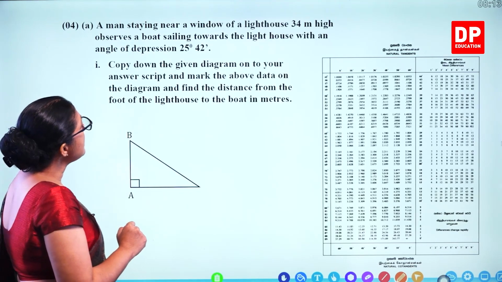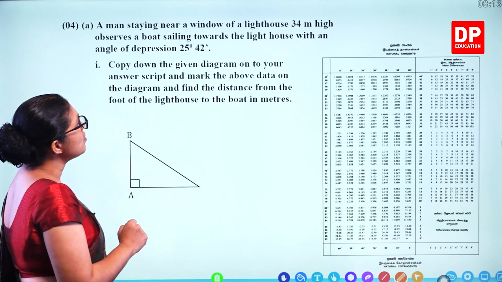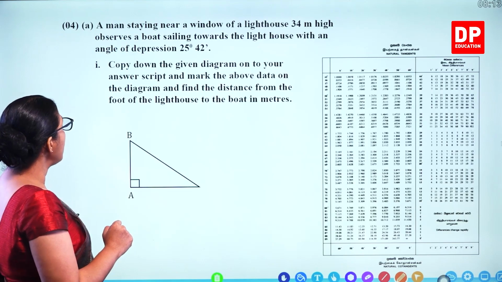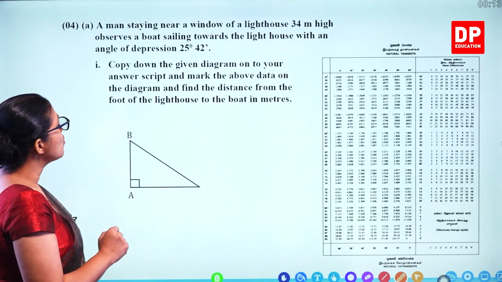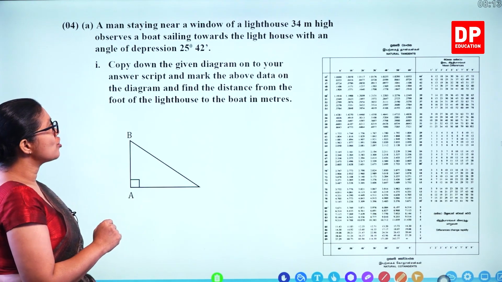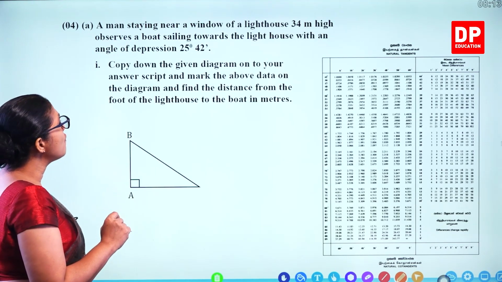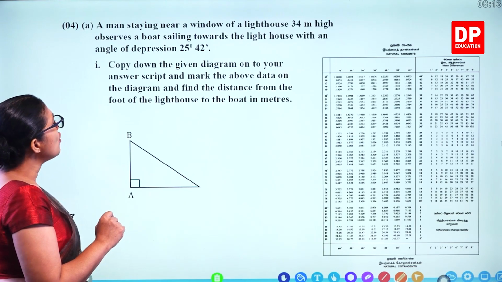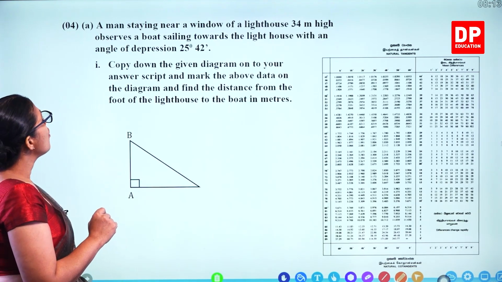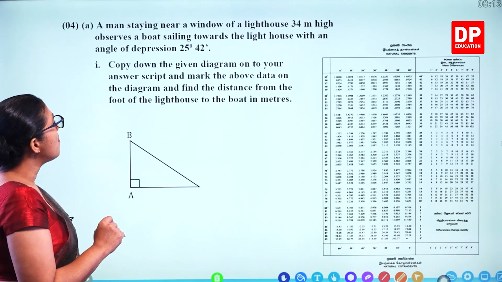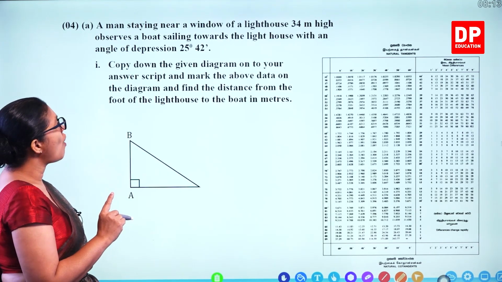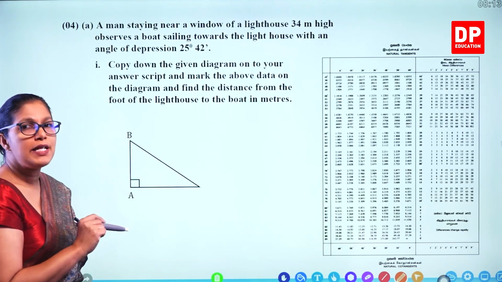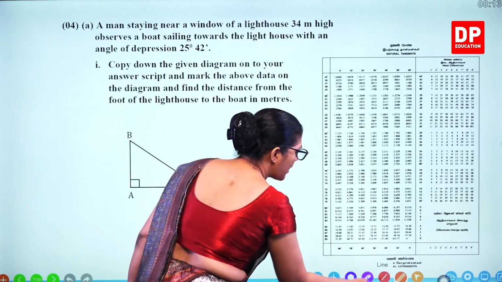A man staying near a window of a lighthouse 34 meters high observes a boat sailing towards the lighthouse with an angle of depression 25 degrees and 42 minutes. Copy down the given diagram on to your answer script and mark the above data on the diagram and find the distance from the foot of the lighthouse to the boat in meters. So we'll try to mark it.